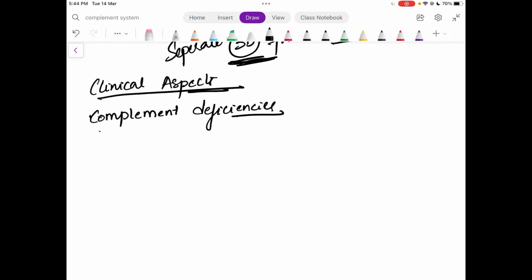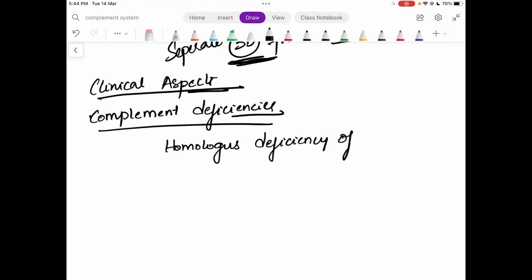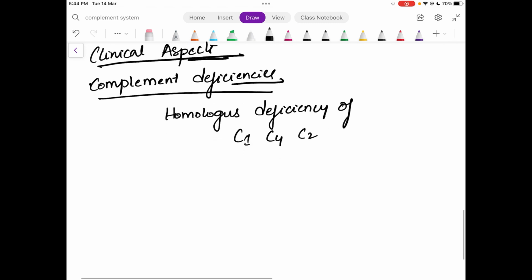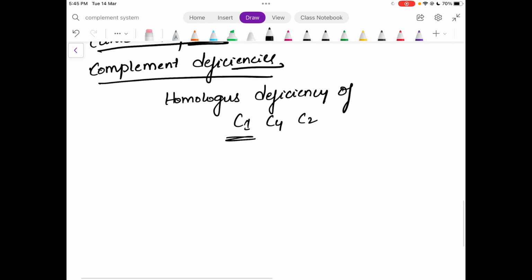Whenever there is a homozygous deficiency of any complement, C1, C4 and C2, what will happen? What is the function of C1? It will bind with the immune complexes and dissolve the immune complexes. If C1 is deficient, what will happen?